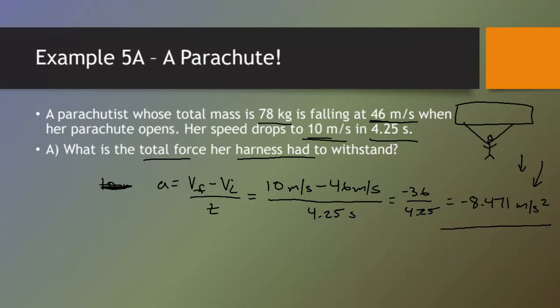If all the parachute did was hold her up from the gravitational force, then she wouldn't accelerate and she wouldn't slow down. She would travel at 46 meters per second the whole way. So the parachute has to do better than that. It has to pull back more than that. To find the total force her harness had to withstand, we have to add the acceleration due to gravity.